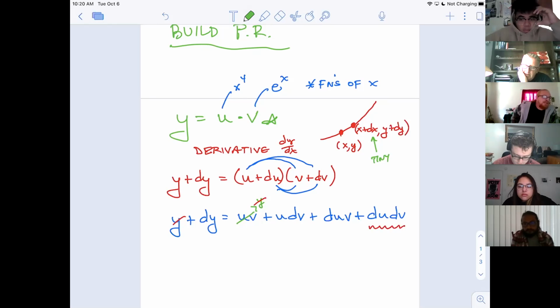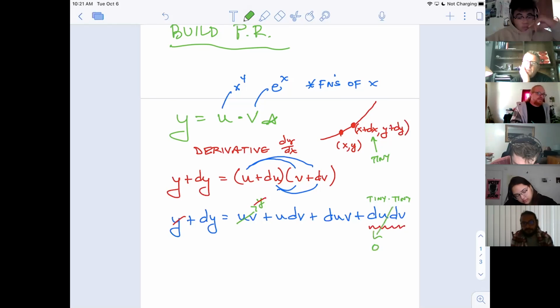However, dx and dy and du and dv are tiny. So this is actually tiny times tiny. What kind of a number is that going to be then? Really tiny. Like super tiny. I don't know what to call it. In other words, this thing is on its way to 0.